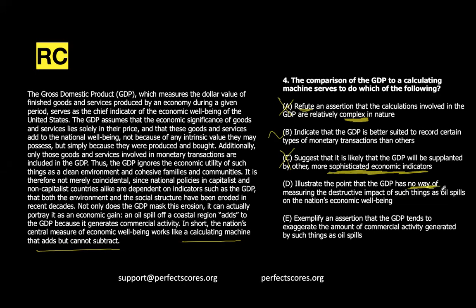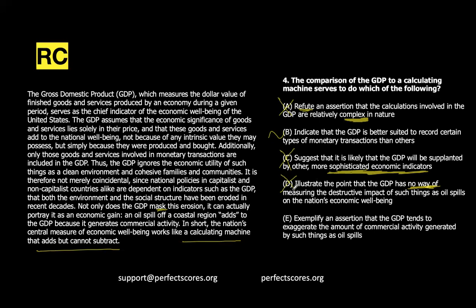Do you think it has no way? No, it actually masks this. So some kind of calculation is being done, but it's just being done in the opposite direction. So D is gone. Exemplify. First of all, it's not an example, but it kind of is. So let's leave this one.